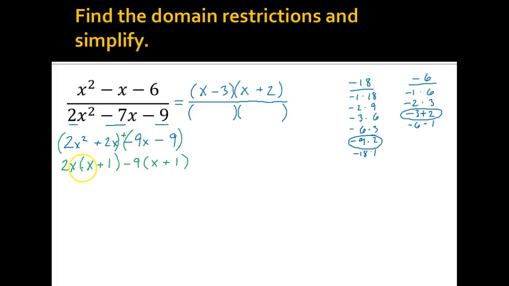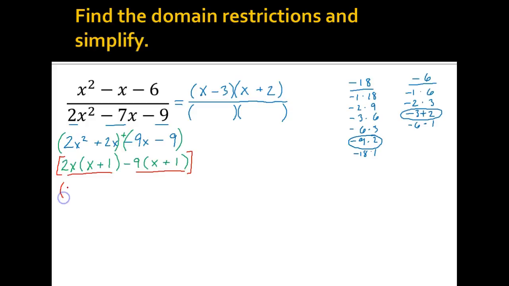And so now I'm going to treat that whole thing as one big binomial. So the first term is that whole thing, and the second term is that whole thing, and they have a common factor. The common factor is that x plus 1.